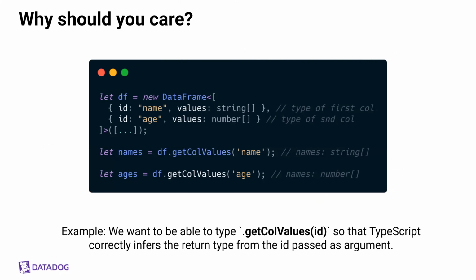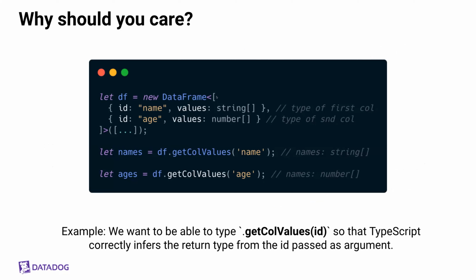At Datadog, we obviously deal with a lot of data, and most of this data has a tabular shape. So it's essentially tables. And tables have columns, and each column can contain different types of values. One of the use cases we had was to build this data frame class, which is a data structure.